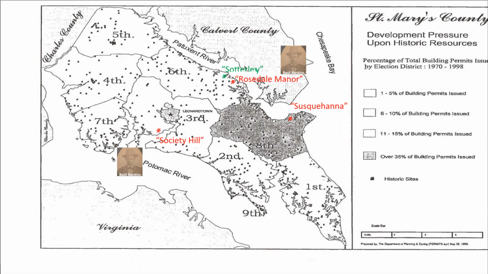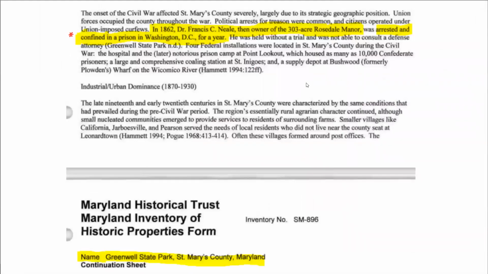But just sticking with Rosedale for a while, we were able to go to the Maryland Historical Trust to get specific information about this Dr. Neal. And here is a record that says in 1862, Neal was the owner of a 303-acre plantation called Rosedale Manor. So again, we're validating and backing up the information that Edmund is putting in this letter to his nephew.